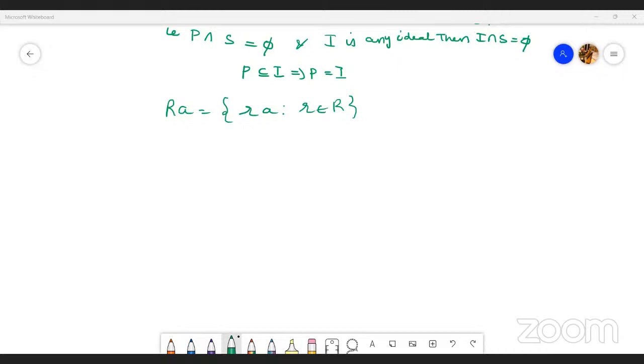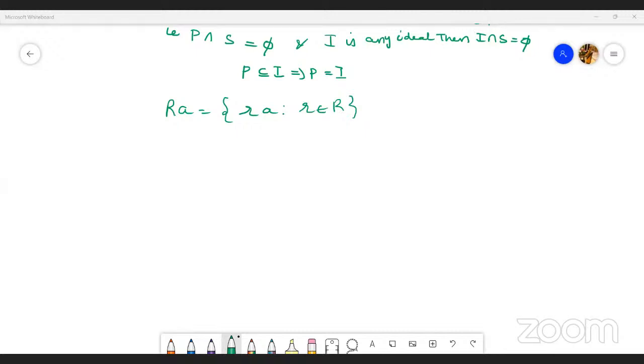Here you have Q and this is P. P1 is the big one. P is a subset of P1, and P1 is contained in P2. Like that, you can always construct prime ideals between any two distinct prime ideals.